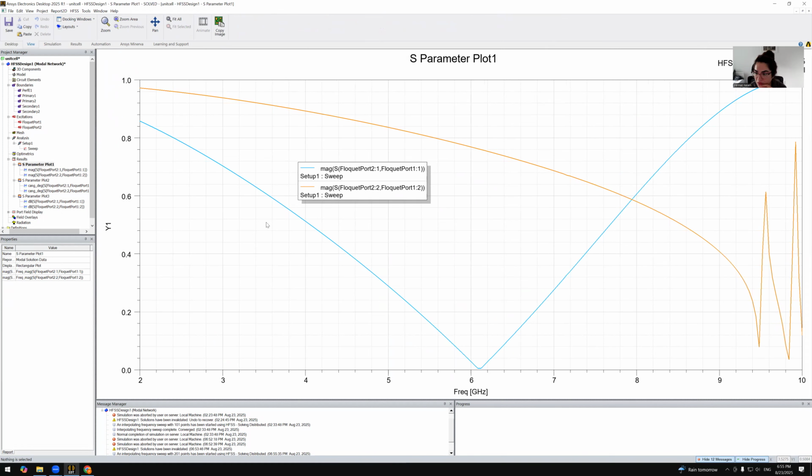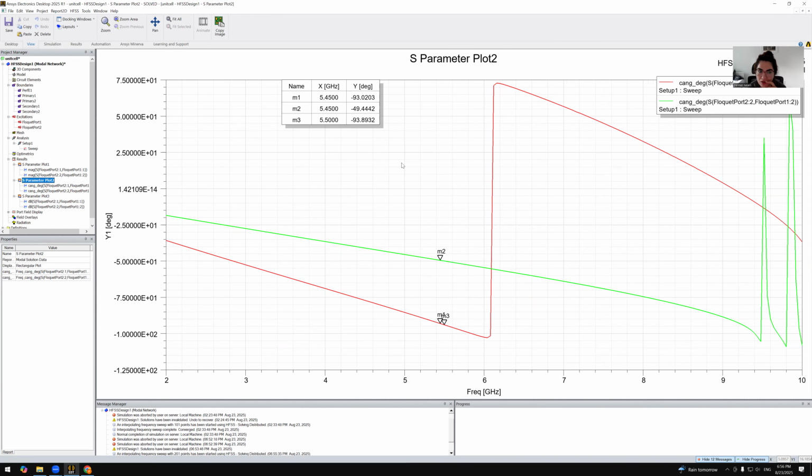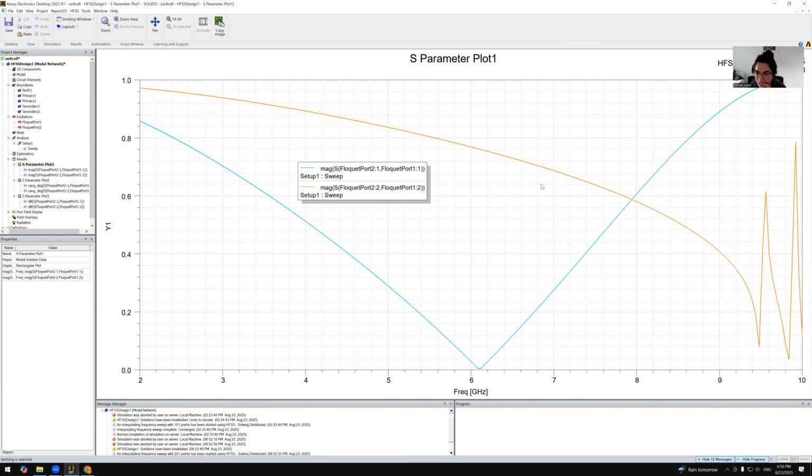Let's see if this ever would work. They're meeting here, but I'm not sure what their phase difference would be. It would be a very bad circularly polarized one if it works. So M1, 7.96.